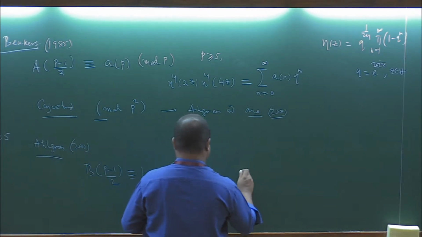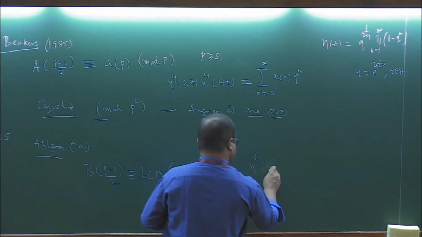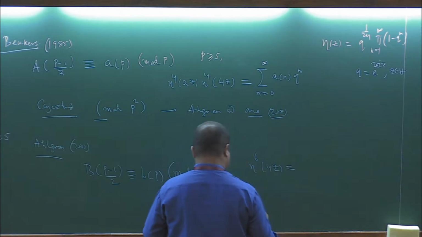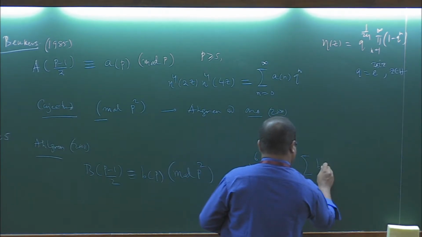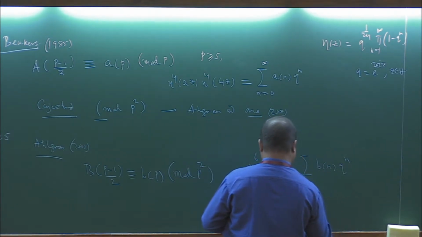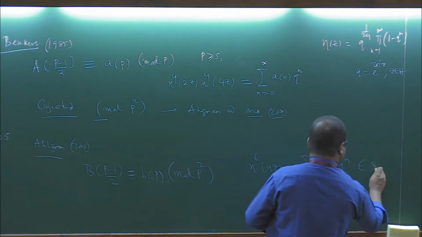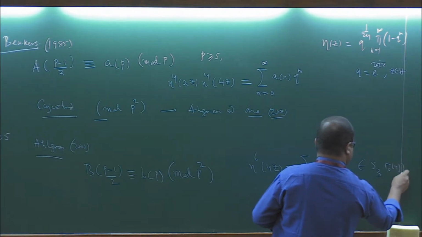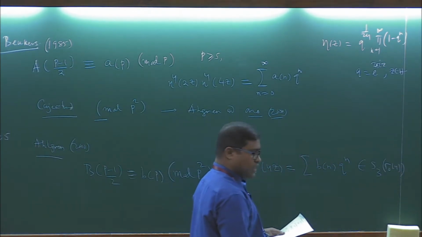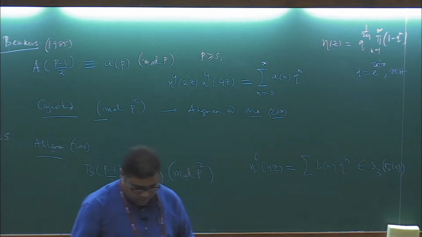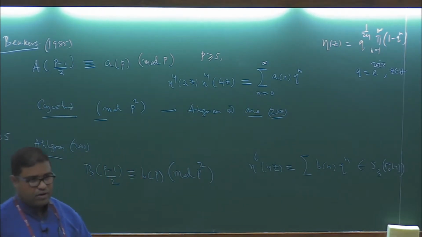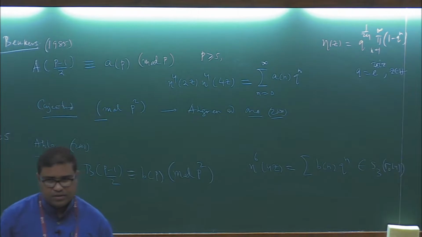And here b_p means we take this particular modular form and take its pth coefficient. This is a modular form in S_3 of Gamma_0(4), namely a cusp form of weight 3 and level 4. So this kind of congruence we call a modular congruence because these numbers are related to Fourier coefficients of some modular form.